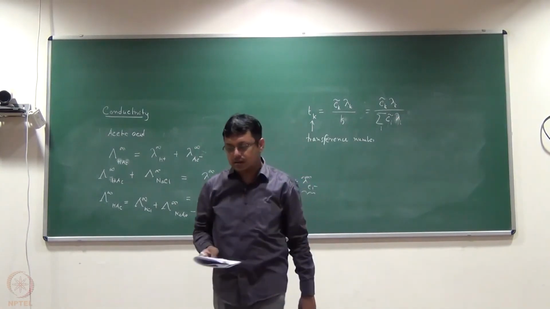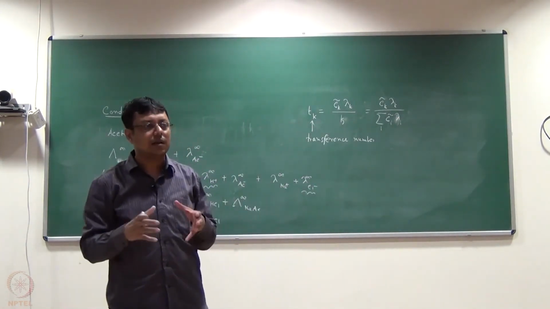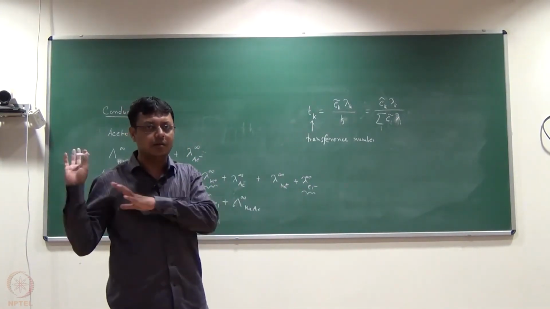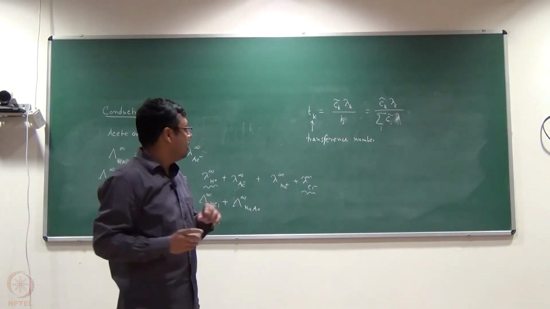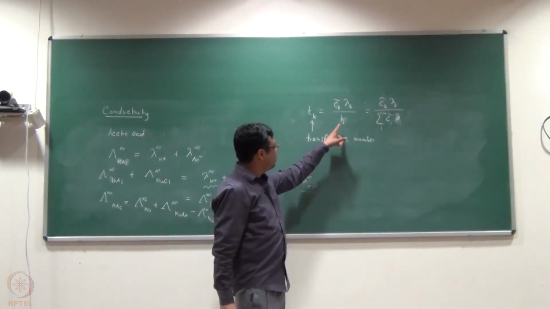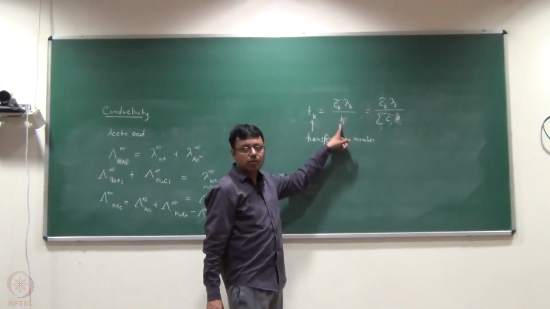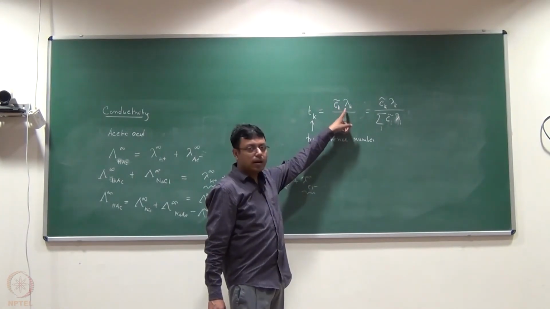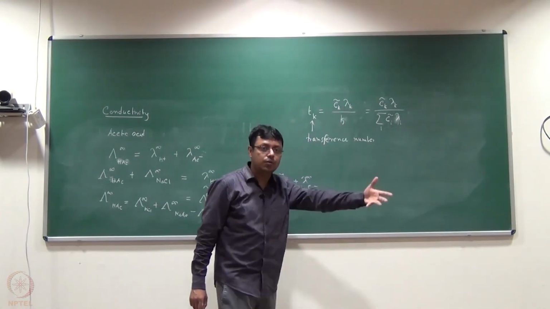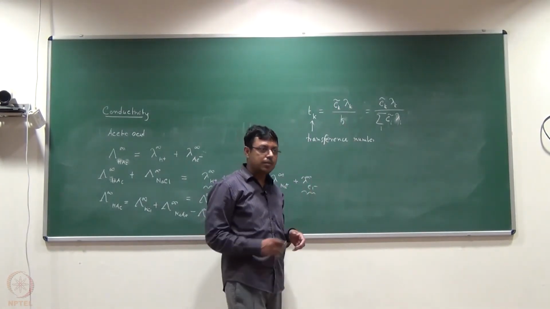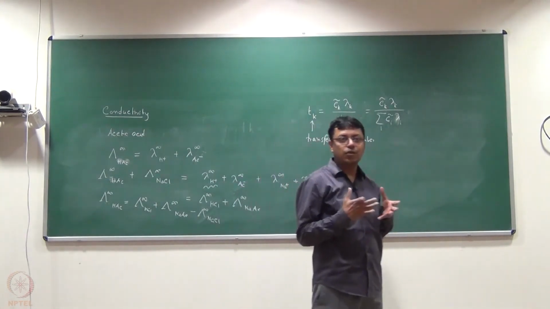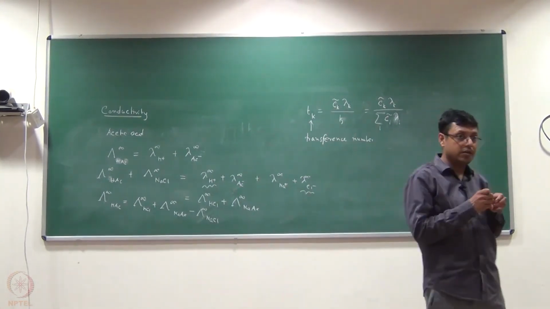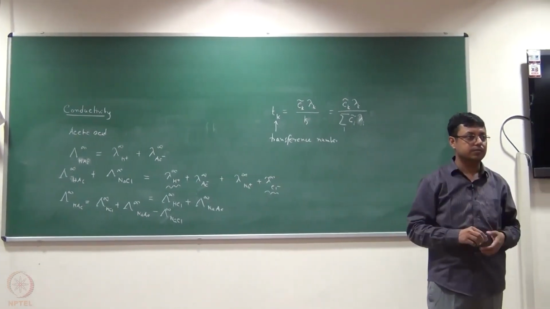Now, what is this C into lambda? C into lambda is nothing but a measurement of conductance, as we already discussed. This basically tells me the total for the solution, and this is the conductance contributed by that particular ion. So the transport number gives you a fraction of the contribution of a particular ion towards the total conductance.